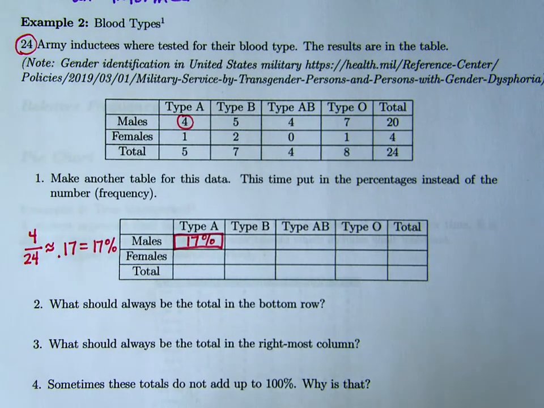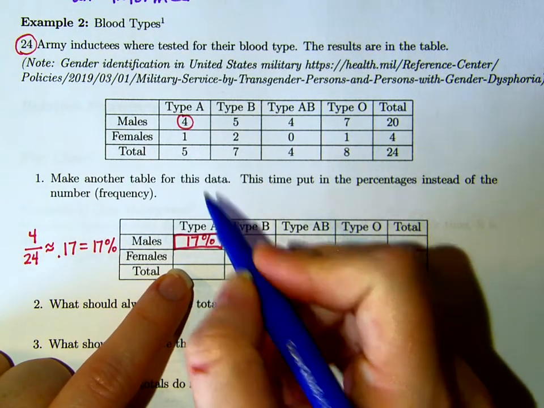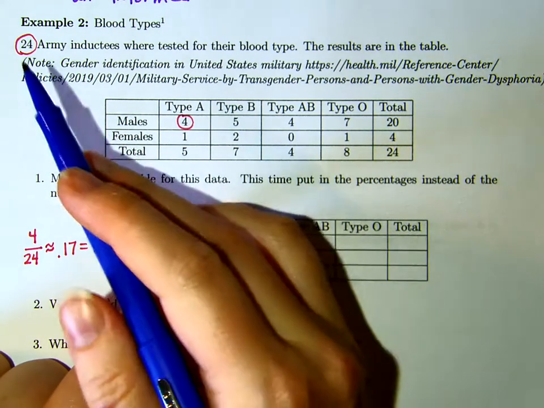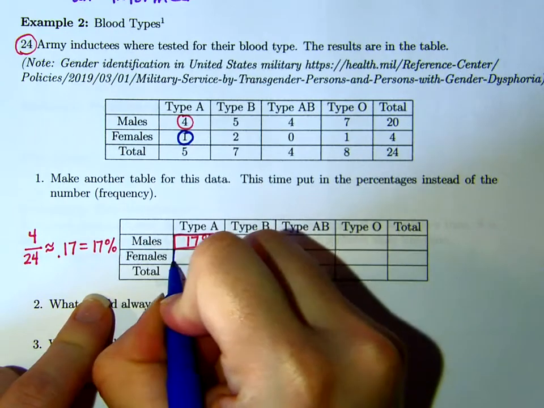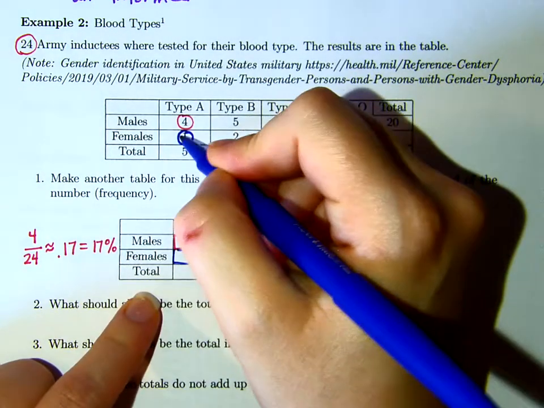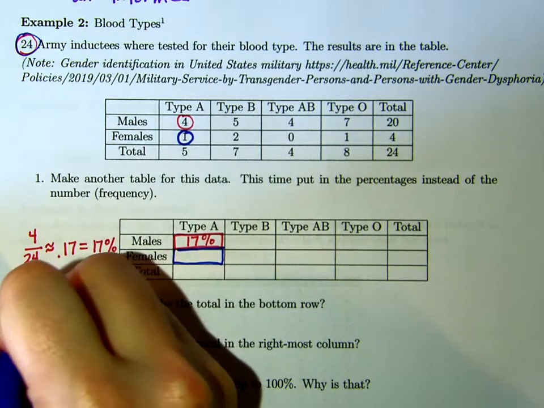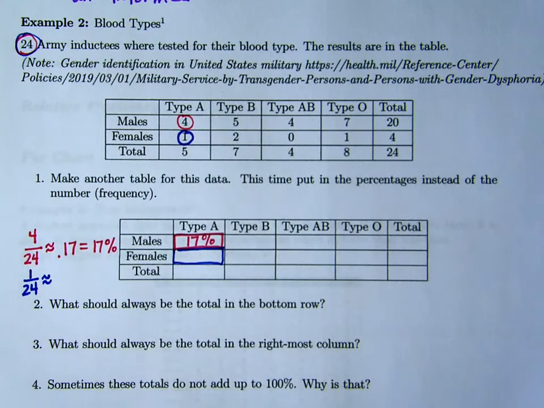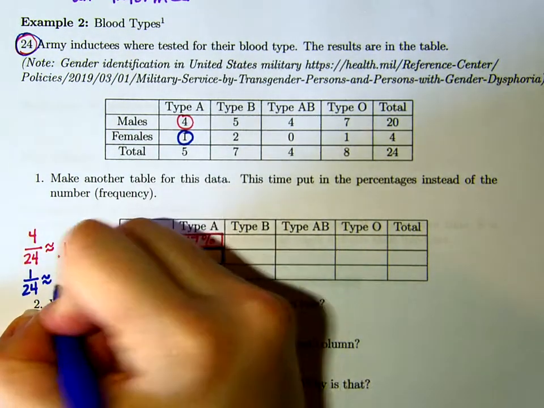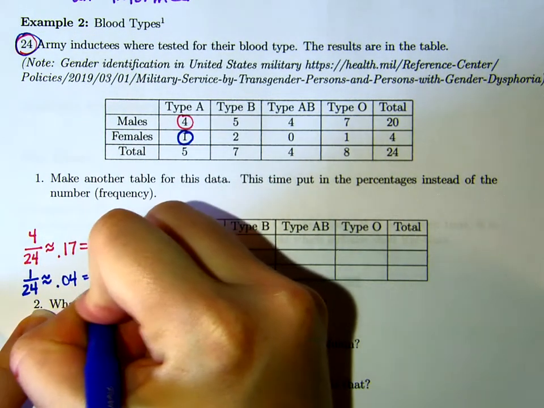Okay, I'm going to show the work for one more, and then I'm actually going to fill in the entire shebang. So now if we look at the number of females of type A out of the 24 Army inductees, this cell is 1 out of 24, and 1 out of 24 is approximately 0.04, which is 4%.